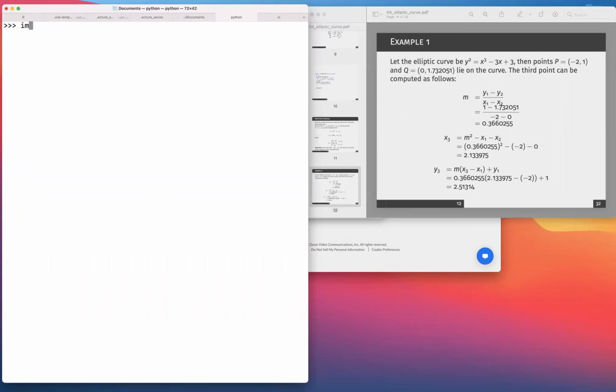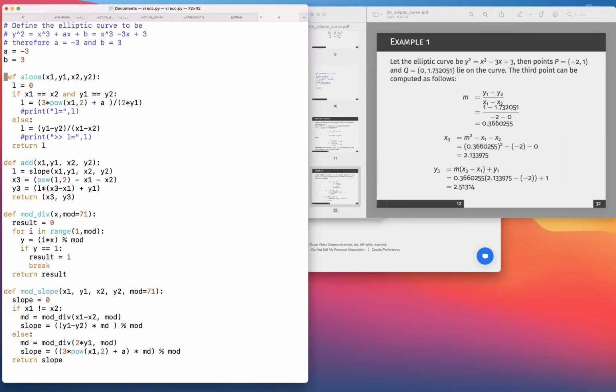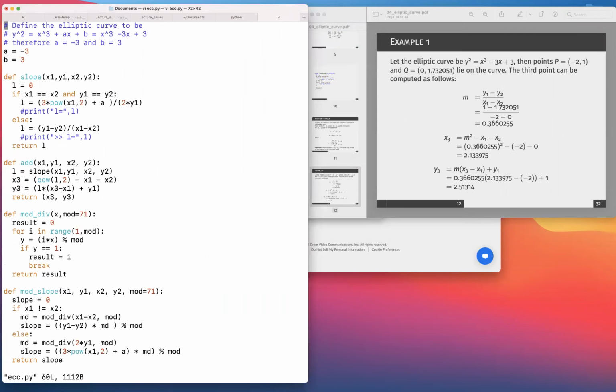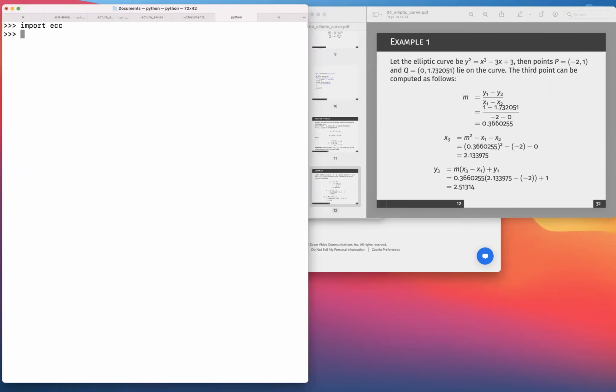First thing is to import the ECC. The ECC is the file name, and it's in the same directory. This one is a Python terminal. Now in the ECC we can compute for the slope.